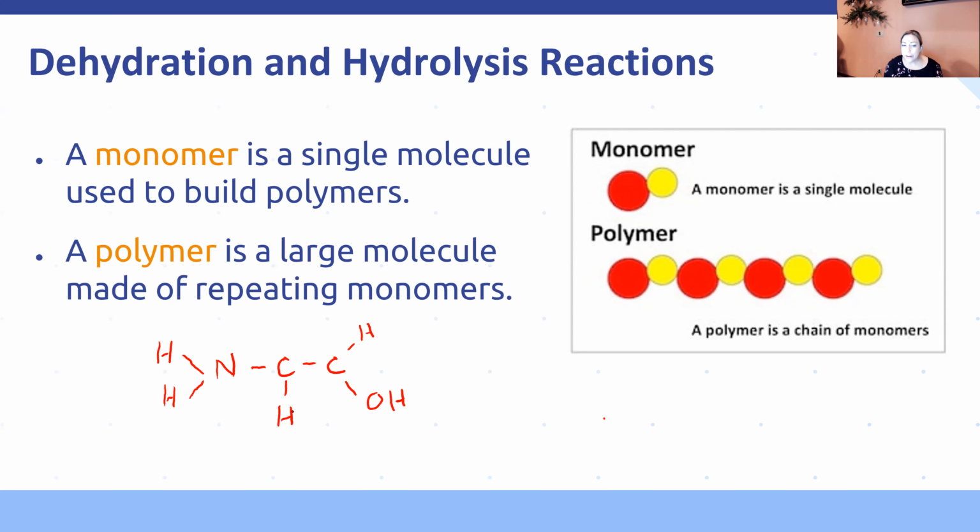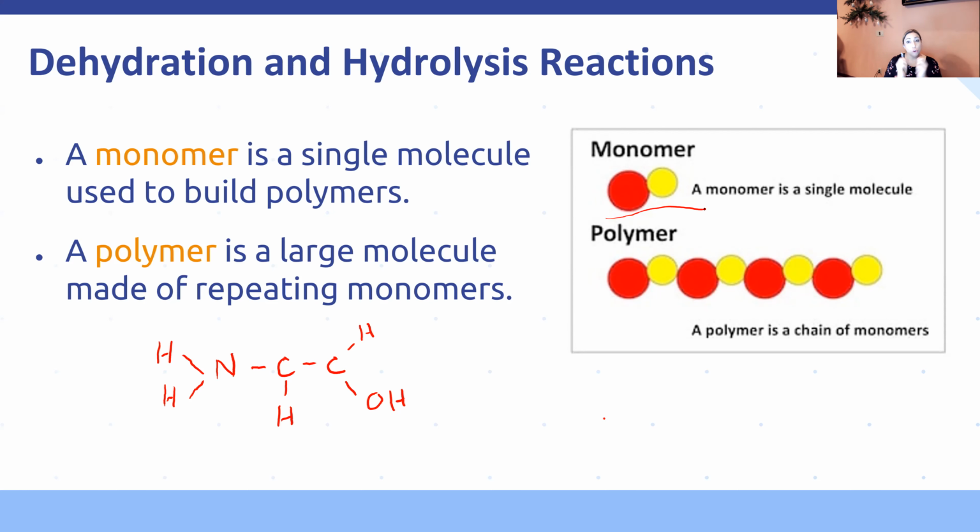So what you're looking at here is many different atoms combined together to make a single monomer or molecule. So remember that a molecule is two or more atoms bonded together. Now, if you look at the picture here, it is showing you a monomer.